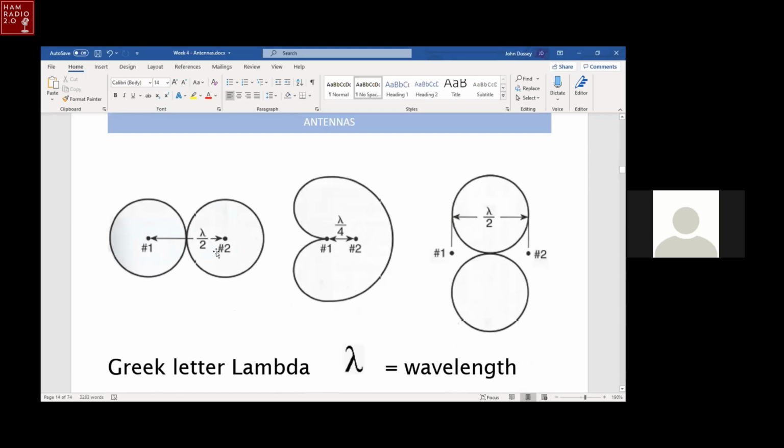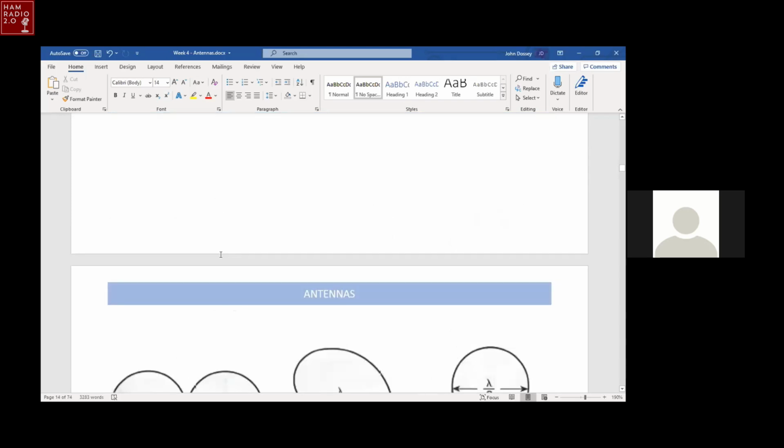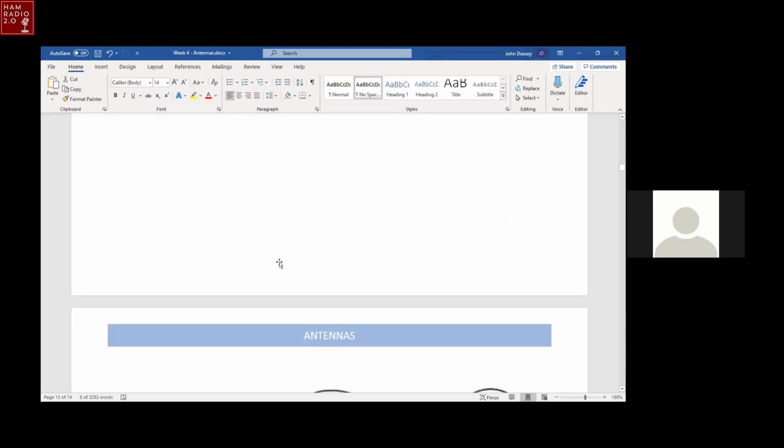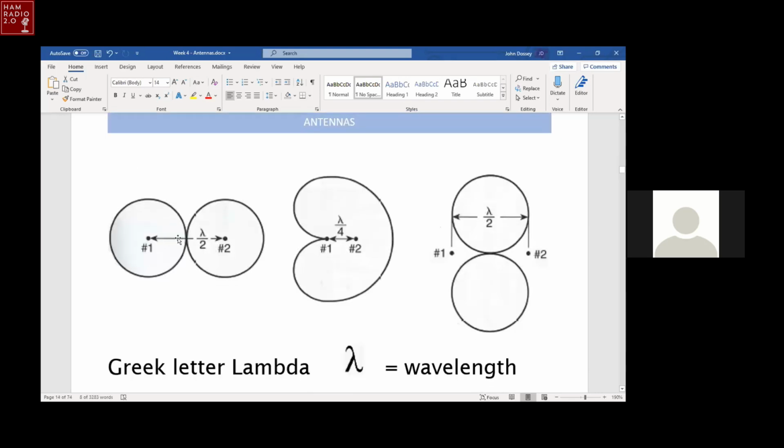So number 1 and number 2 dots are the quarter-wave verticals sticking out at you from the screen. They're spaced a 1/2 wave apart. And if we feed them 180 degrees out of phase, you get a figure 8 antenna pattern oriented along the axis of the array. The axis of the array is the line that joins the two verticals.